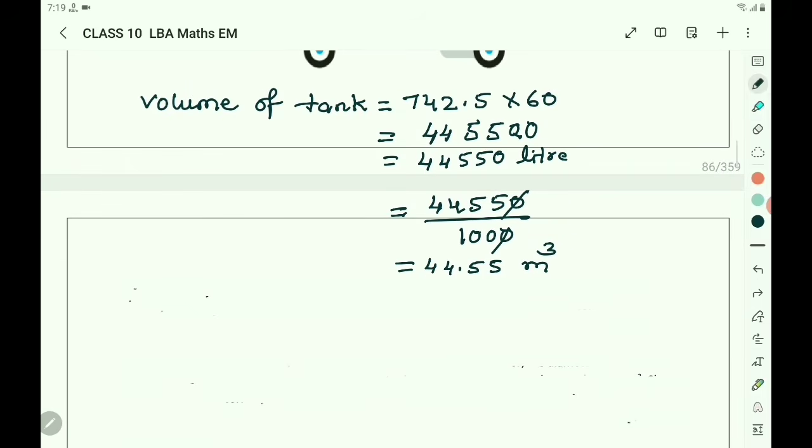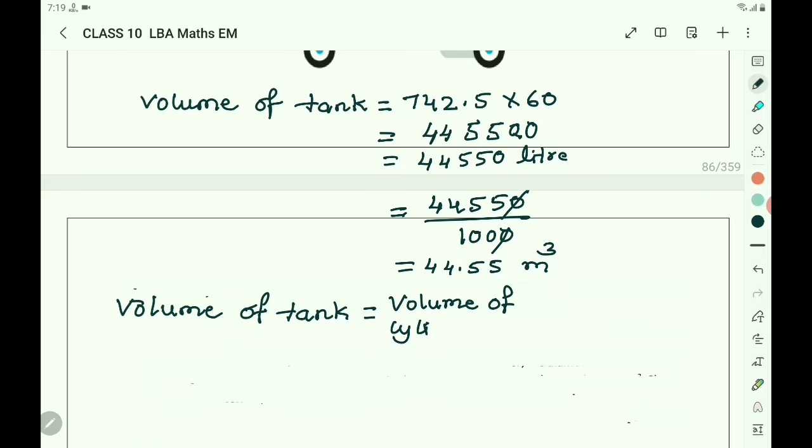So write volume of tank equals volume of cylinder plus volume of hemisphere, that is 2 into volume of hemisphere.